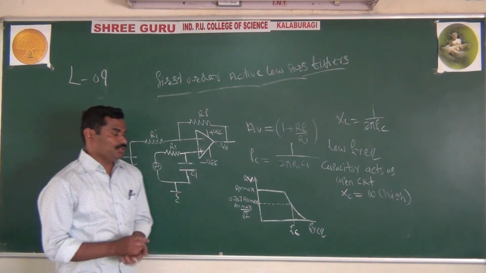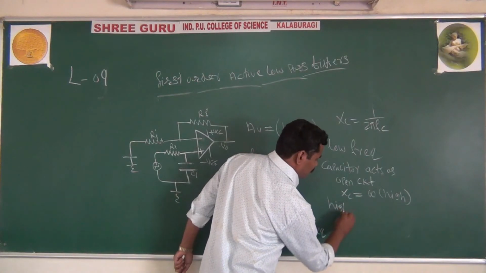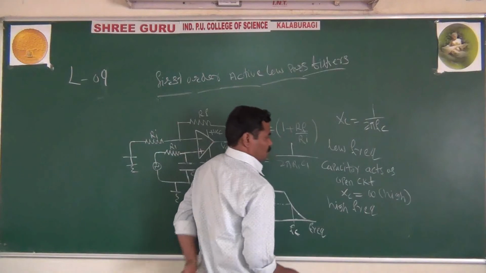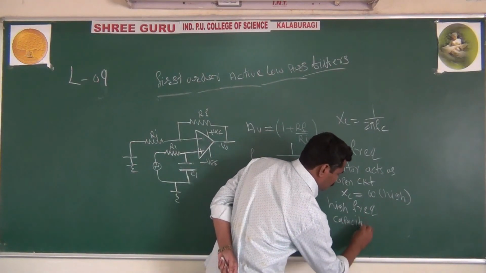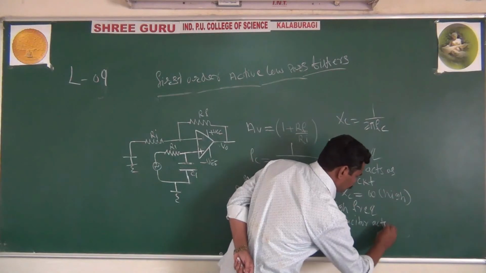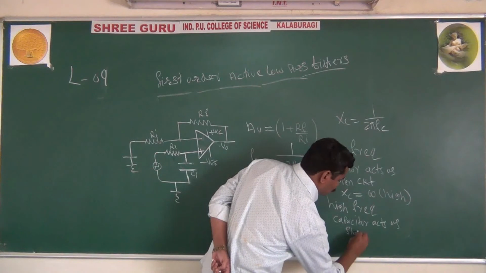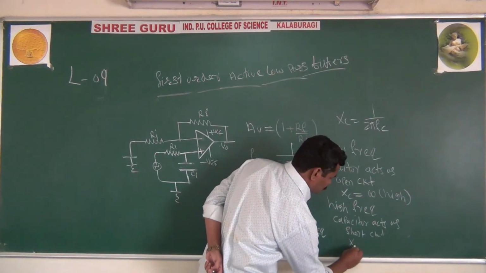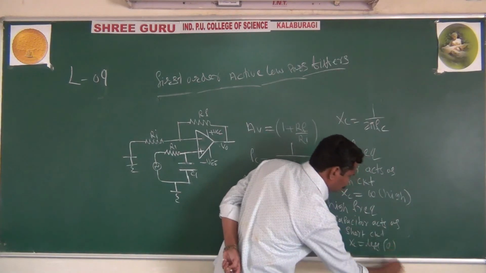And for high frequency, what happens? The capacitor acts as a short circuit, or you can say XC is less, or you can say 0.